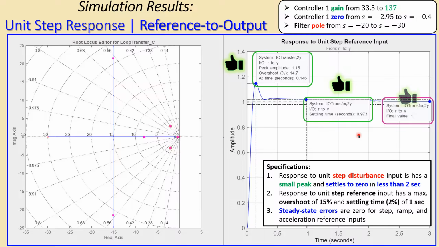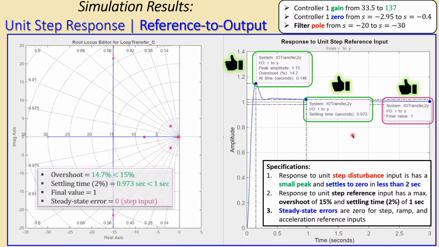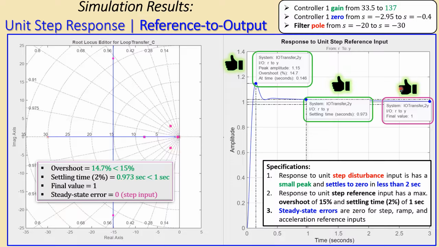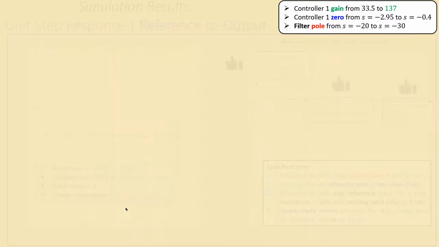And the final value was 1. So all done. So this was a solution for this problem. Again, you can have another solution which will make it even better. Okay, now summarizing the overshoot, your settling time and also the final value, which means the steady state error is 0 for step input.